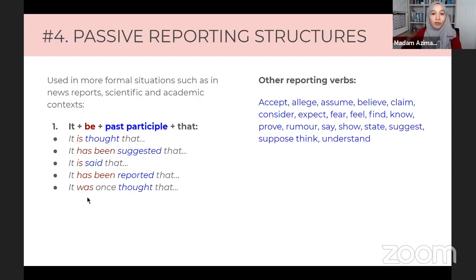And then other reporting verbs are all these serious-sounding verbs like accept, allege, assume, believe, claim, consider, expect, fear, feel, find, know, prove, rumor, say, show, state, suggest, suppose, think, supposed to be, and understand. So those are reporting verbs.